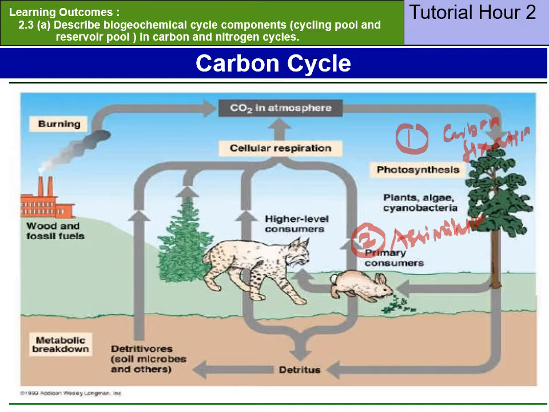The third step is cellular respiration. It is a process in which organic carbon compounds are converted back into carbon dioxide, or released during decomposition activities by the detritivores, and also by the microbes, and also by the burning of fossil fuel, oil and gas.